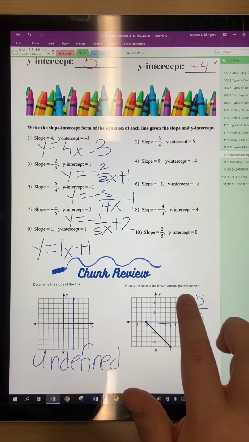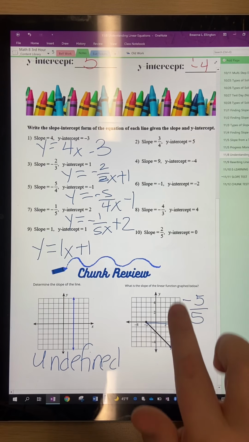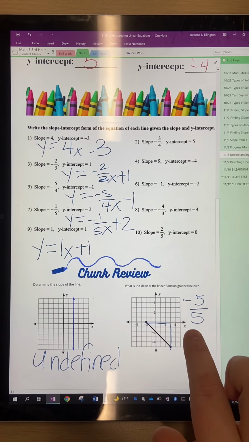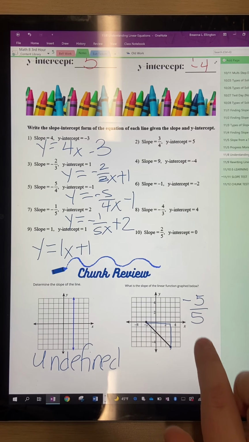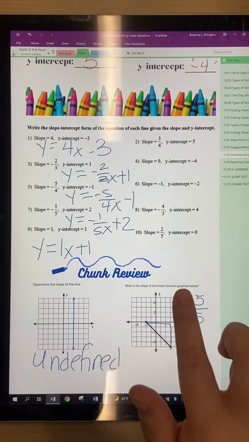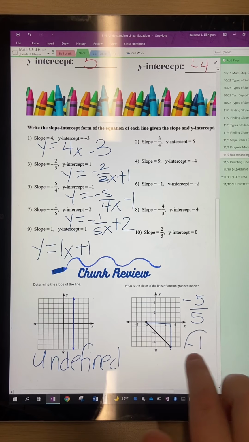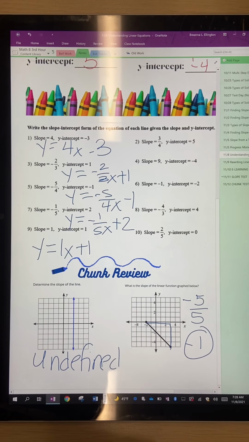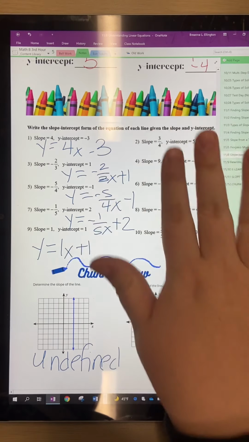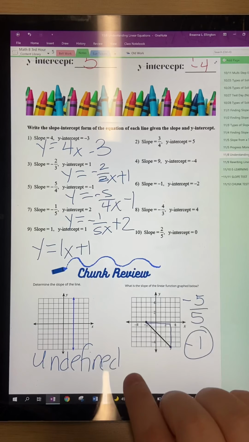You should have said negative. Okay, but this is not your finalized answer, right? Because this can be reduced down. So 5 divided by 5 will give you 1, and because it's a negative, throw that negative sign. So there's your answer.